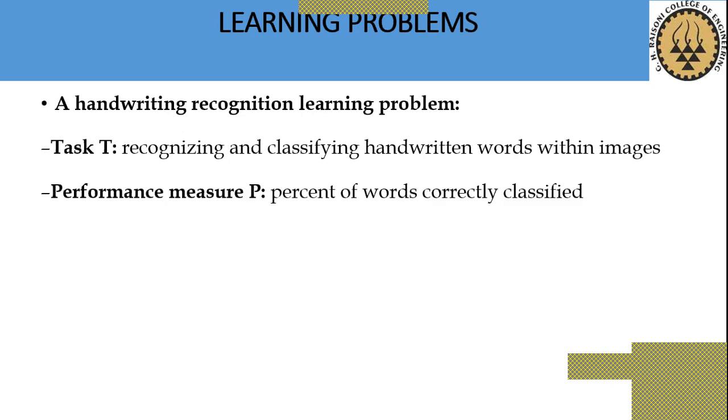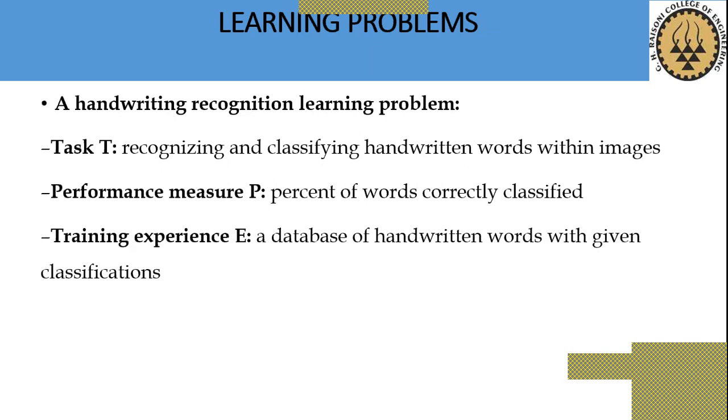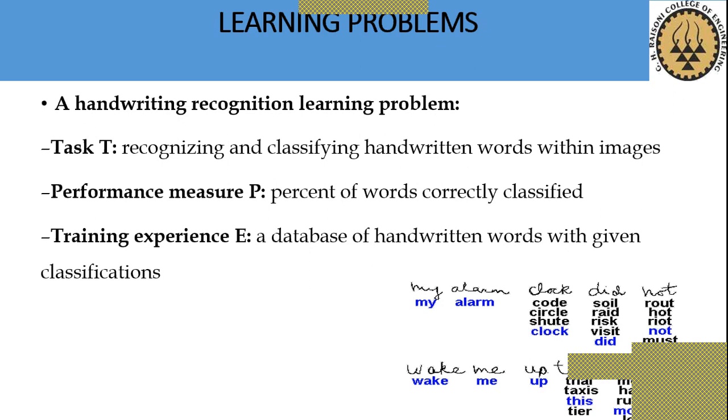The performance is the percentage of words correctly classified, as we saw in our previous example. For the training experience, I am providing a database of handwritten words with given classifications.